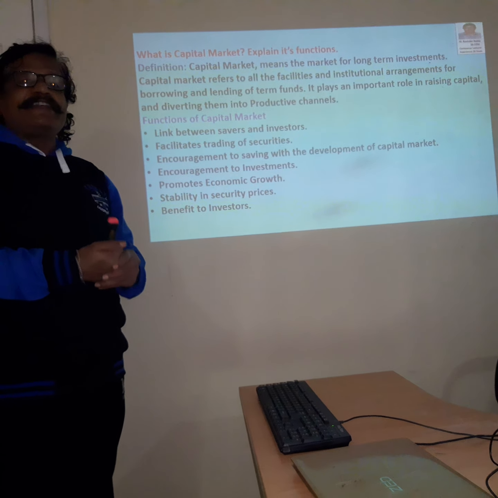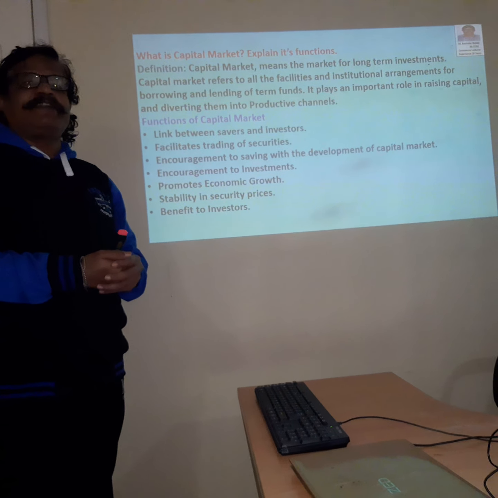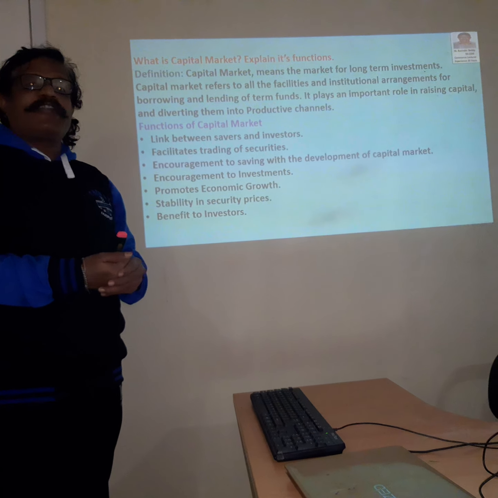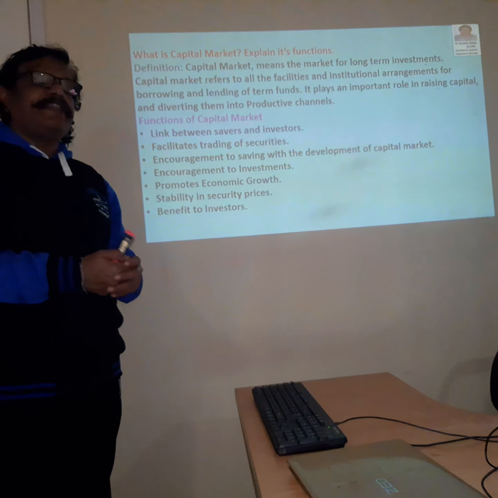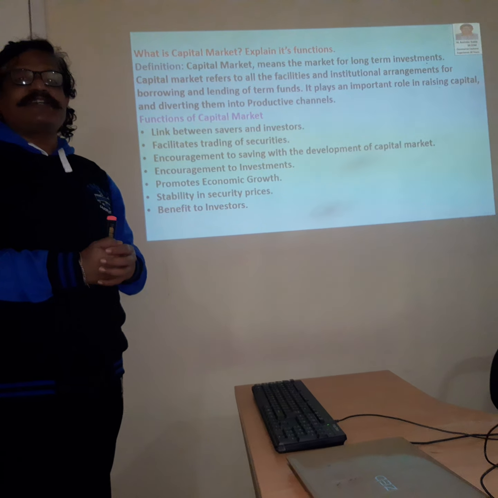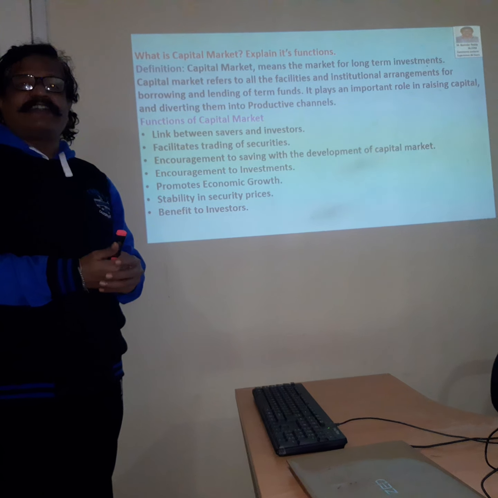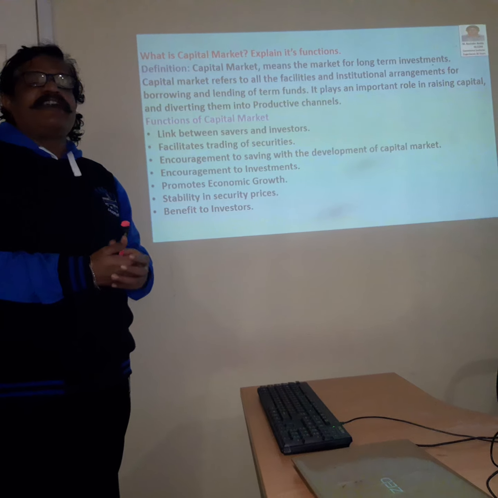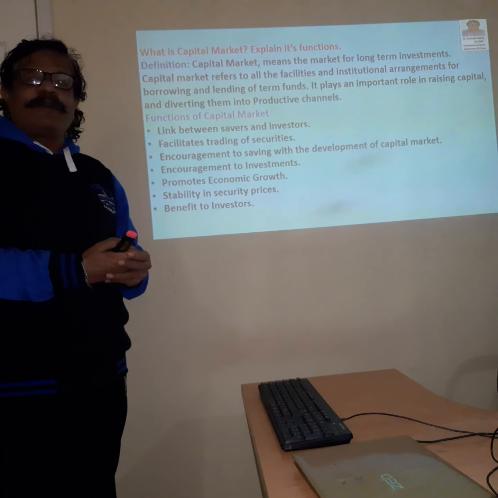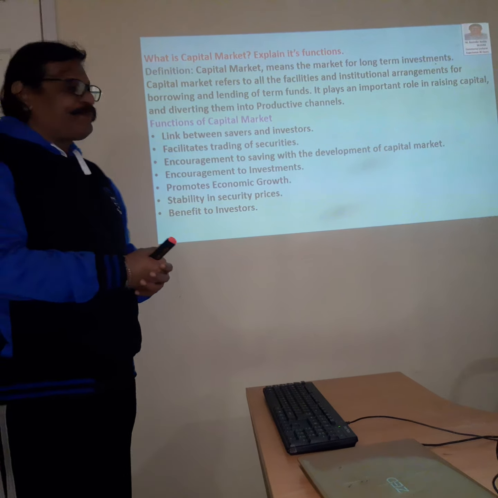That means these savings are diverted to the companies or the industrial sector, so that the industrial sector will become strong, and that will help the growth of the nation. We know very well that industries are the backbone of the nation. Once the industries are developed, ultimately the country will develop and national growth is possible.